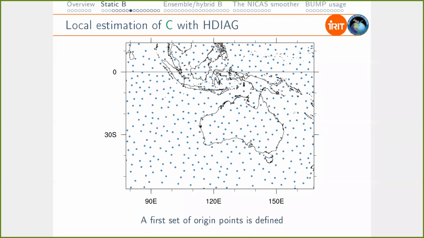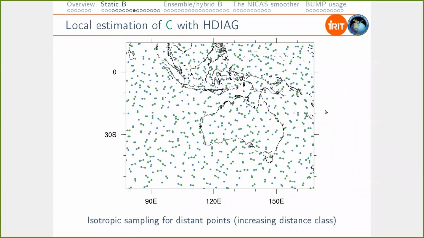So this was for the K operator, for the vertical balance. Now we can do kind of the same for the estimation of the C operator, the correlation operator. So here it's the first set of origin points, but to compute the correlation functions, we will try to find some distant points, the green ones, with increasing distances.